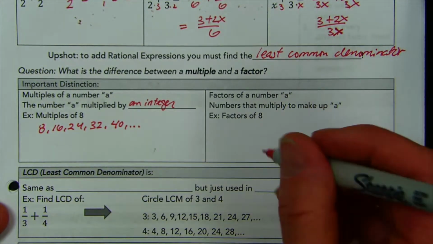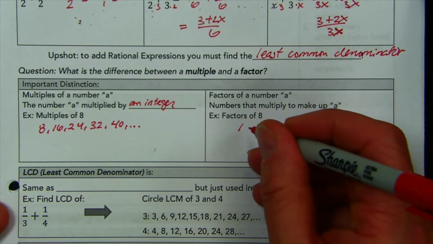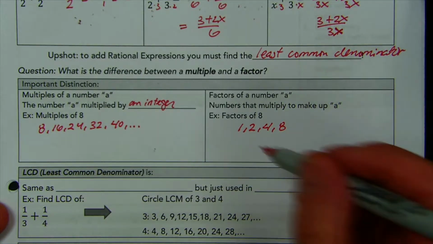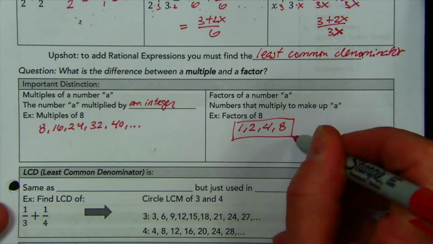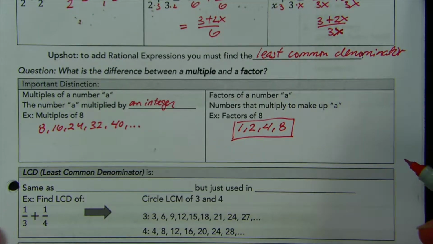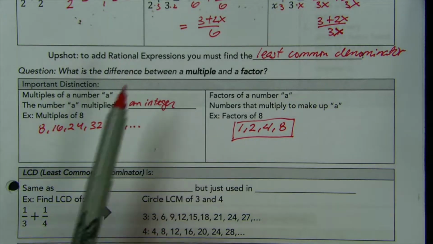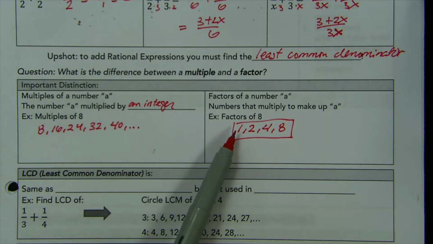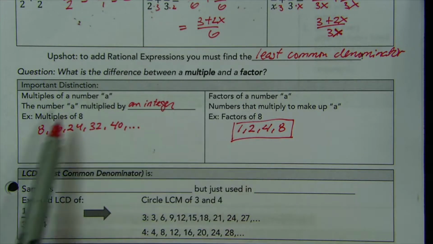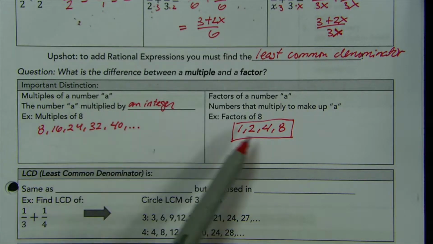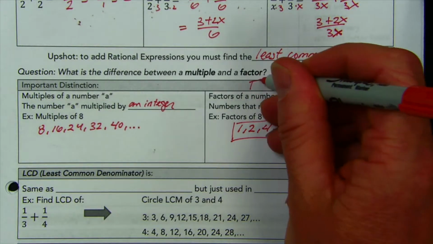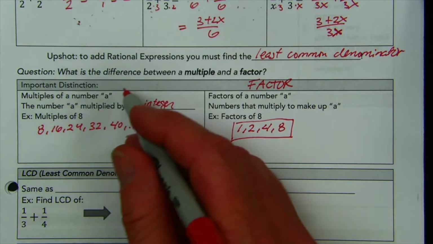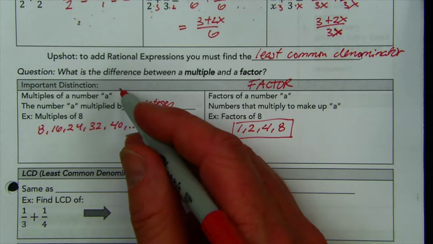So we got 1 times 8, 2 times 4, and so on. That's basically all the factors of 8. Okay, this is important to know because sometimes we talk about the least common multiple and a greatest common factor. When we talk about GCF, that's a factor. When we talk about least common multiple, we will talk about the multiples. Okay?